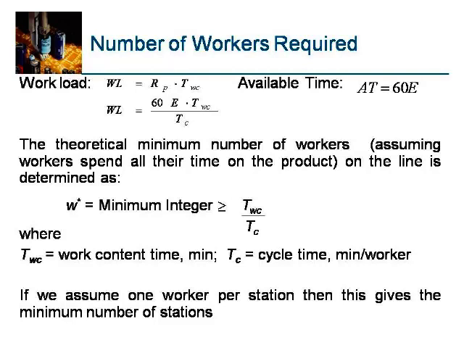The theoretical minimum number of workers, assuming workers spend all their time on the product on the line, can be determined as follows: W star is equal to the minimum integer greater than TWC by TC, where TWC is the total work content time and TC is the cycle time per worker. If we assume one worker per station, then this gives the number of workstations as well.